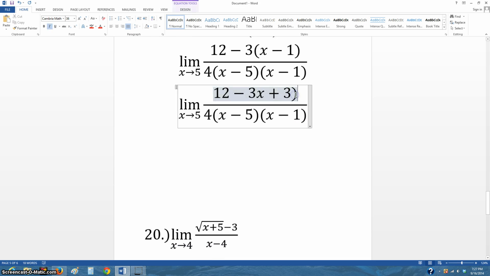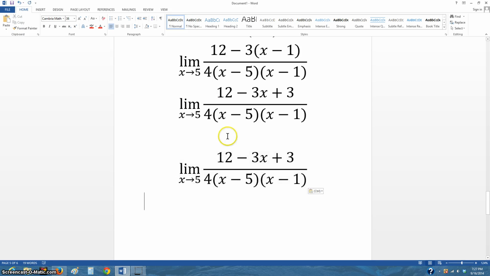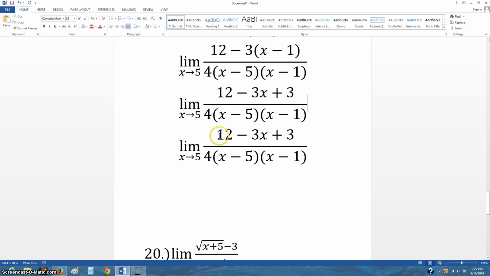So now what we can do is combine some common factors in our numerator, which will be the constant. So we have 12 plus 3, which is 15. So let's go ahead and just combine it. So we have 15 minus 3x.